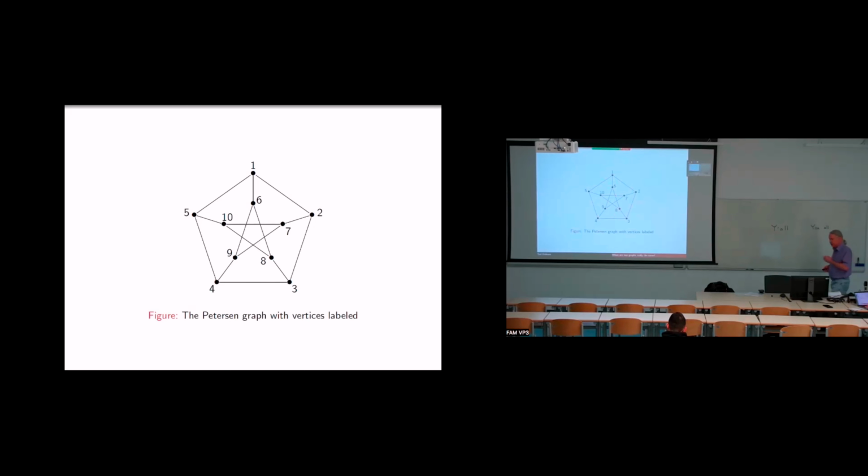Now, sometimes it's going to be convenient for us to label the graph. So I've just labeled the Petersen graph here in a very naive way. Just 1, 2, 3, 4, 5 on the outside, 6, 7, 8, 9, 10 on the inside. In the formal definition of a graph, each vertex gets a name or a label.